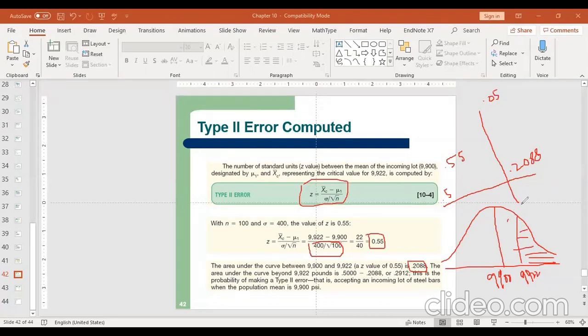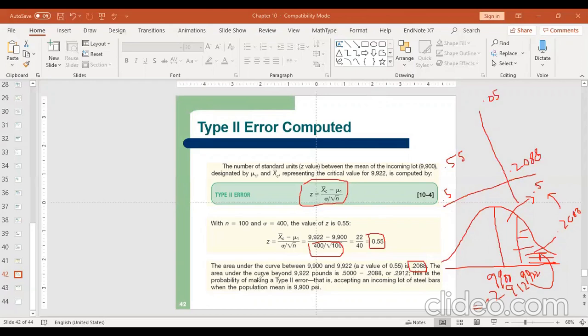The total area of this half is 0.5, and the value for the Z score is 0.2088. So we subtract this value from 0.5 and we get 0.2912, and this is the area of the rejection region. That value was stated in the previous illustration.